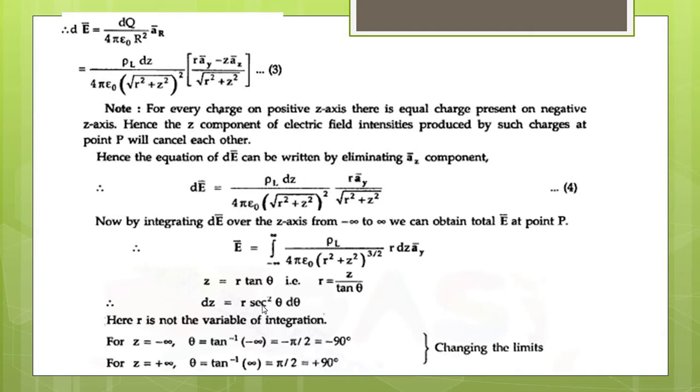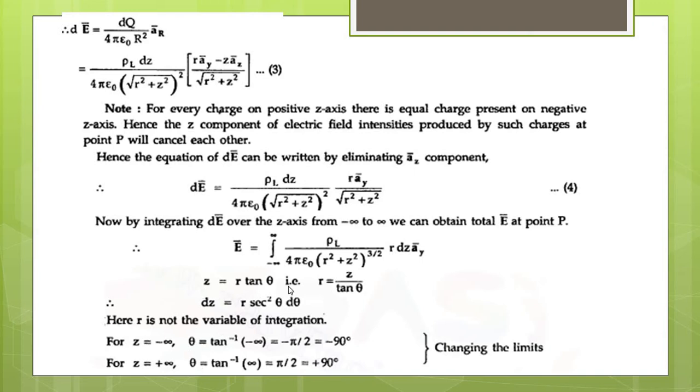Now we have changed the variable from r to z, so we also need to change the limits. When z is equal to minus infinity, we need to calculate the limits in terms of theta. From this equation we get theta is equal to tan inverse of z by r.